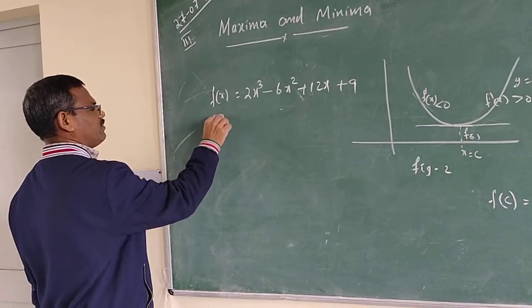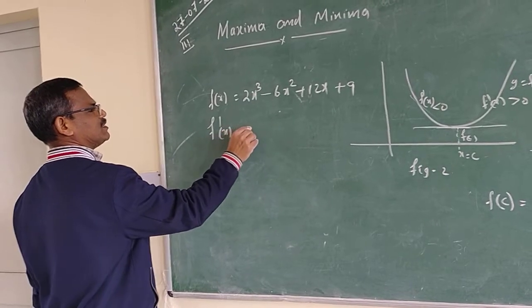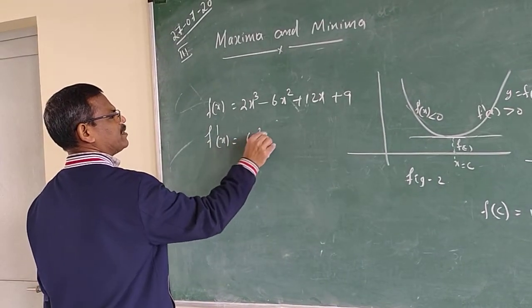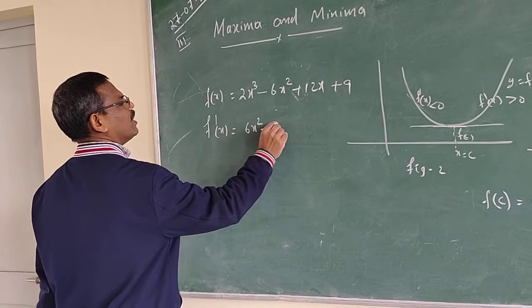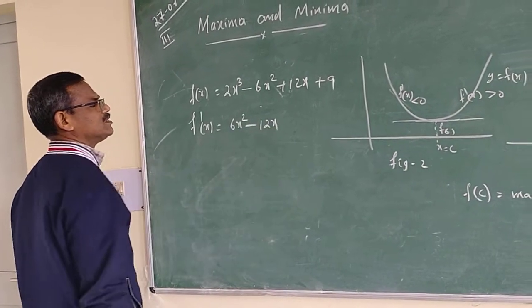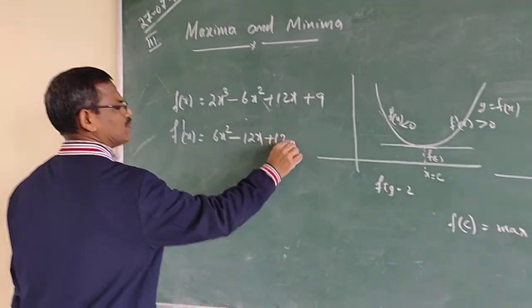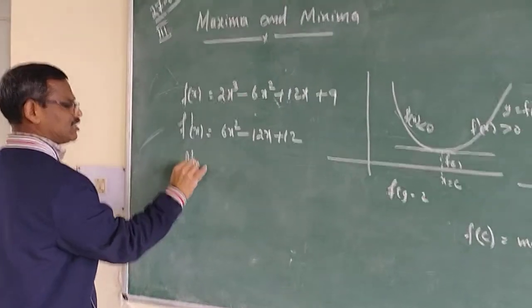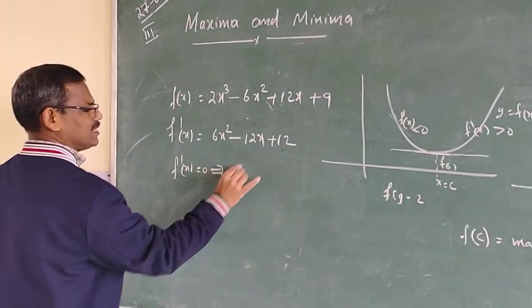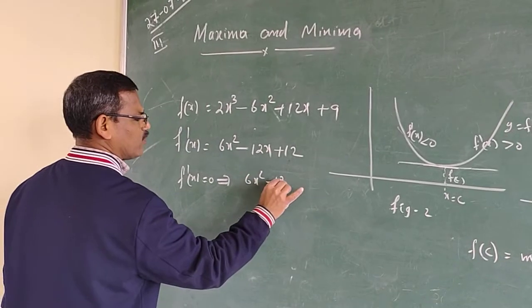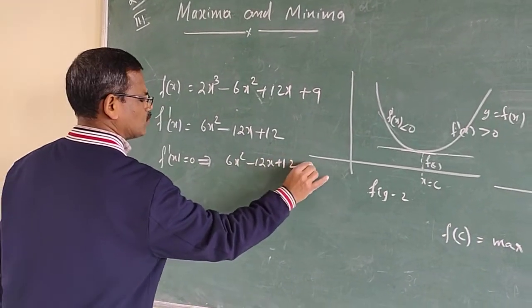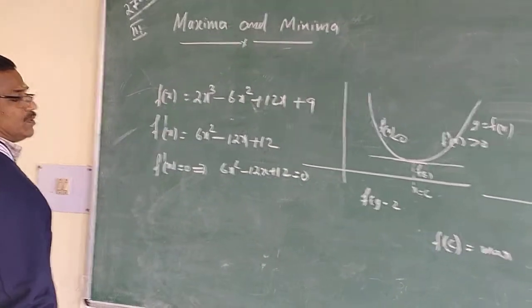Now let me find f dash x. The first step: f dash x is 6x squared minus 12x plus 6. Then f dash x equal to 0 implies 6x squared minus 12x plus 6 equal to 0.